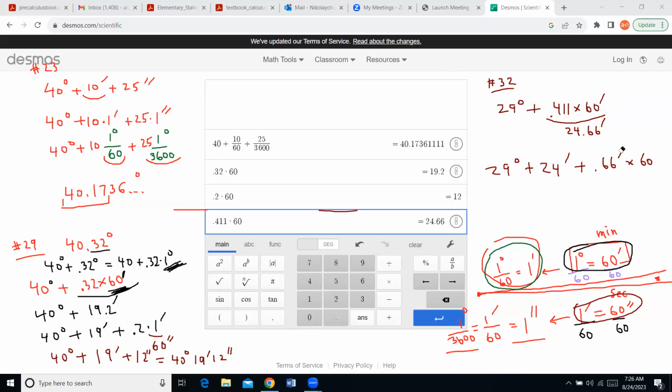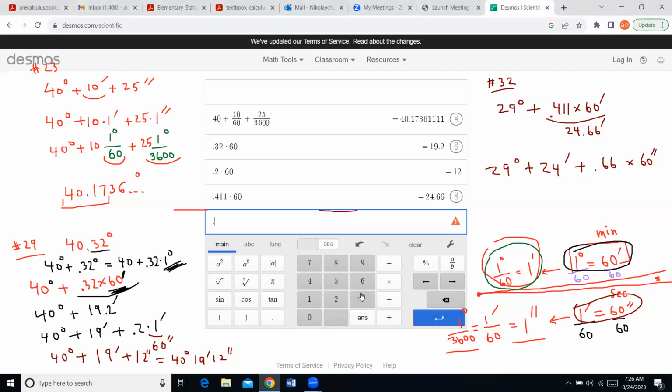So it's 66 times 1 minute. Instead of 1 minute, I could put 60 of these little seconds, 2 primes. And we should get the answer at this stage. Just take whatever decimal is here and times it by 60. That's our result, 39.6.